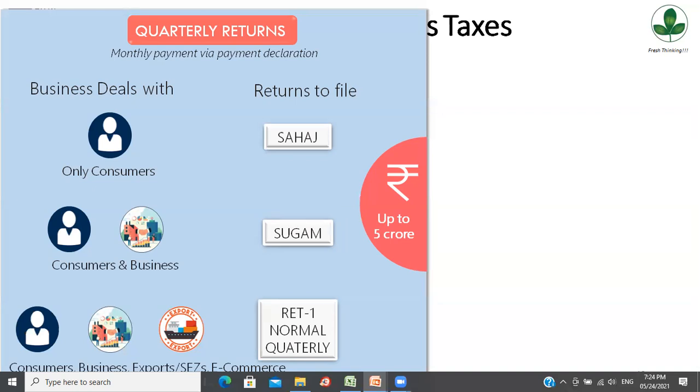If you have exports, sell to an SEZ, or deal through e-commerce platforms, you need to file normal quarterly returns, which is Return One. Is this clear?